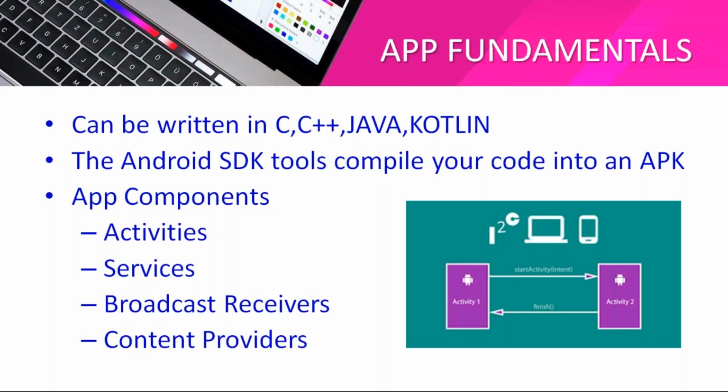We have a software development kit that compiles all your code into an APK file, that is, an application package file, which can be taken to any platform, and you can install it there and work on it.